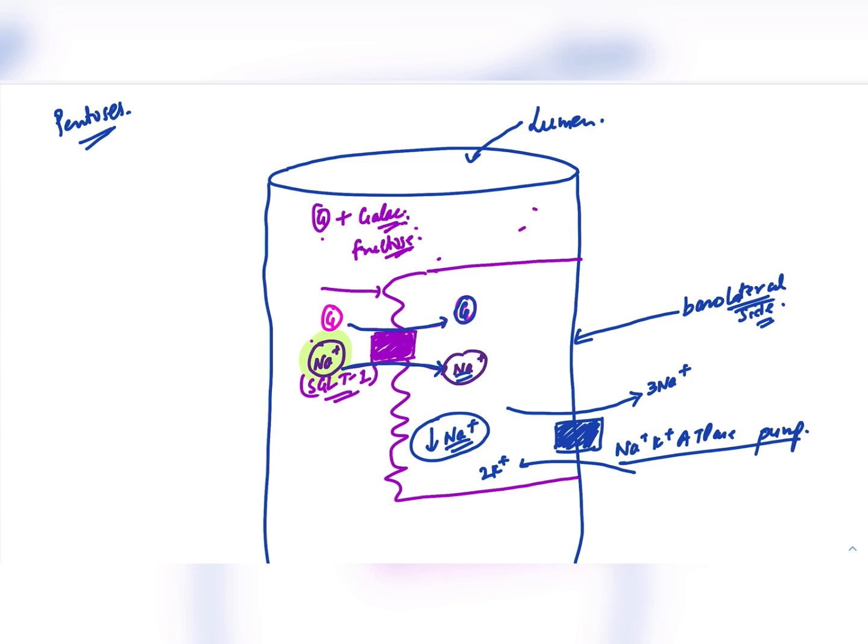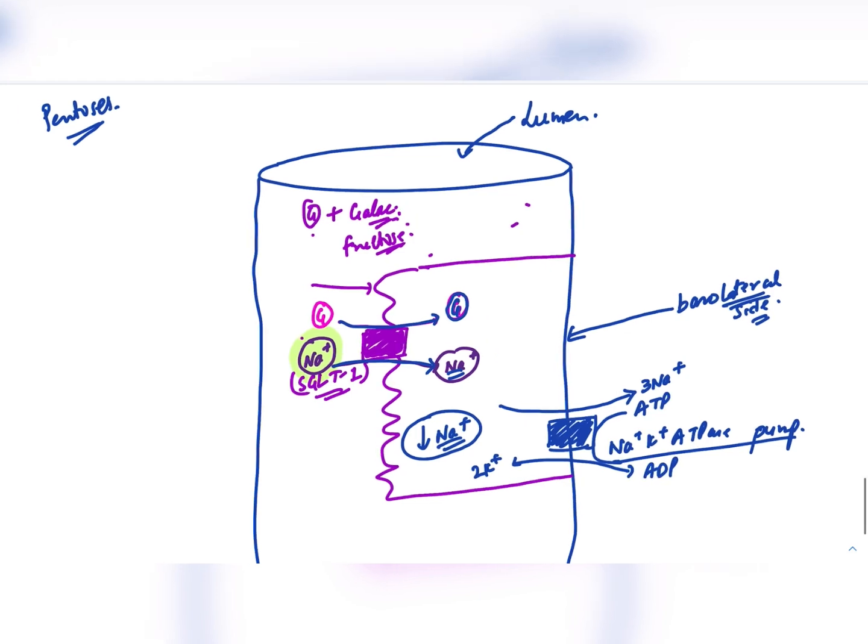So you can see that here ATP is being used, because during this sodium potassium ATPase pump, when the 3 sodiums are going outside and 2 potassiums are coming inside, ATP is used. This ATP gets converted to ADP.